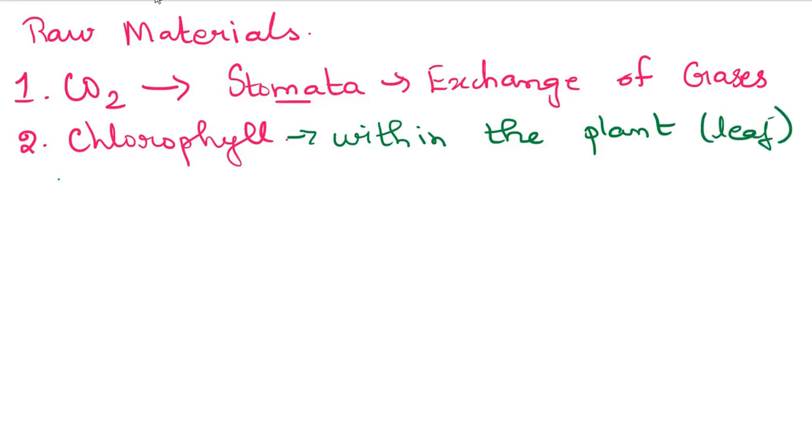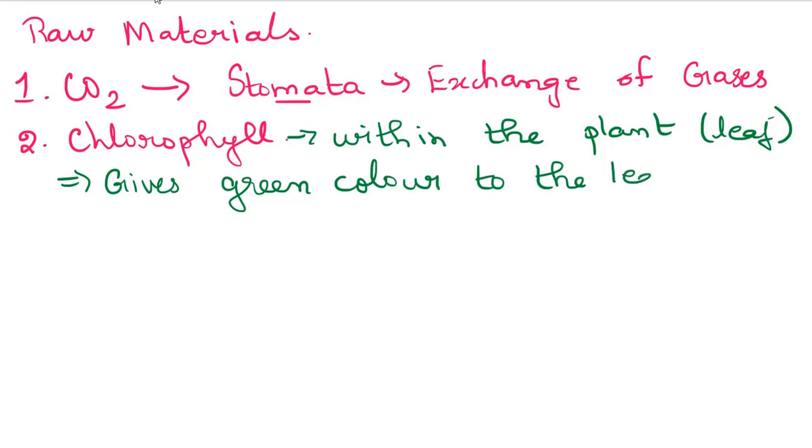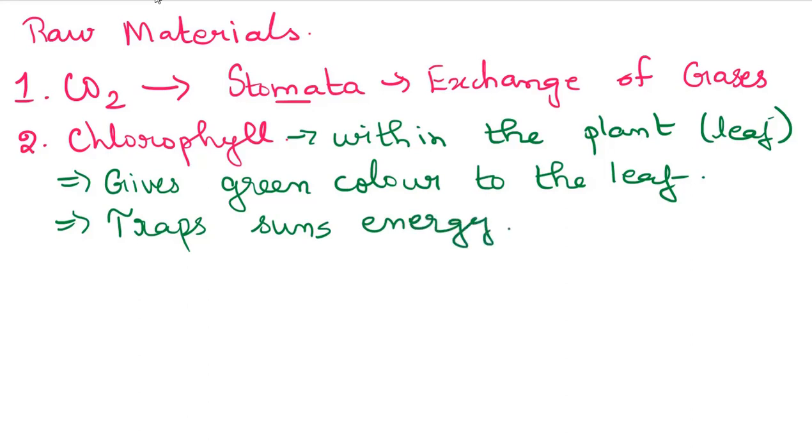The first function of chlorophyll is it gives green color to the leaf because it is a green colored pigment. And the second important function of chlorophyll is it traps the sun's energy, especially the light energy, because light is important for performing photosynthesis.